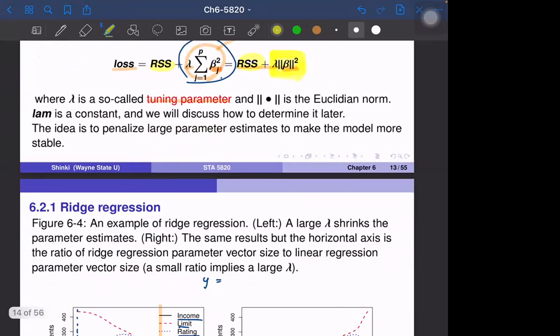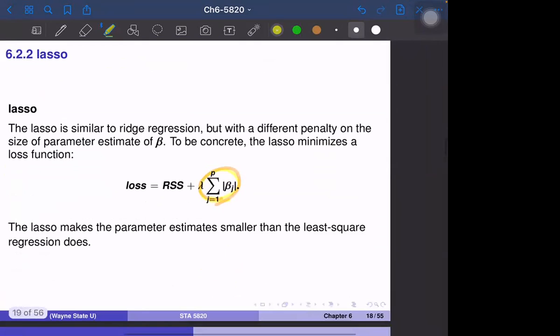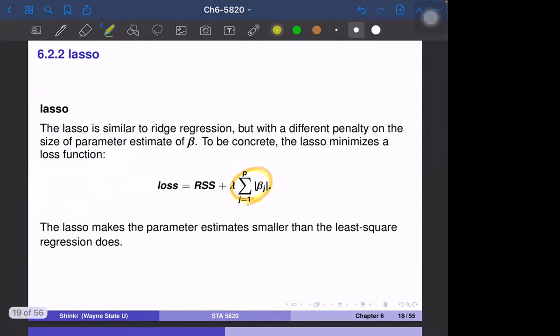And we also studied another method, the Lasso. Lasso is very similar to ridge regression, but the penalty term is lambda times the summation of the absolute value of beta j. So these two functions behave differently. Say the function f of x is equal to x squared, and the function g of x is the absolute value of x.